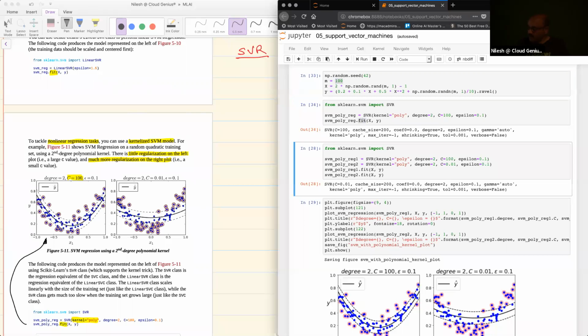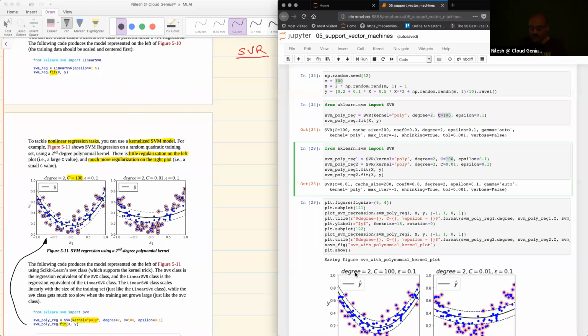Then we will run a second degree polynomial, which is what we attempted in the first run, and change these hyperparameters: C equals 100, C equals 0.01, and epsilon, the width of the street, at 0.1. Earlier we had only C equal to 100. Now we are going with two cases, 0.01 and 100, and we'll plot them.